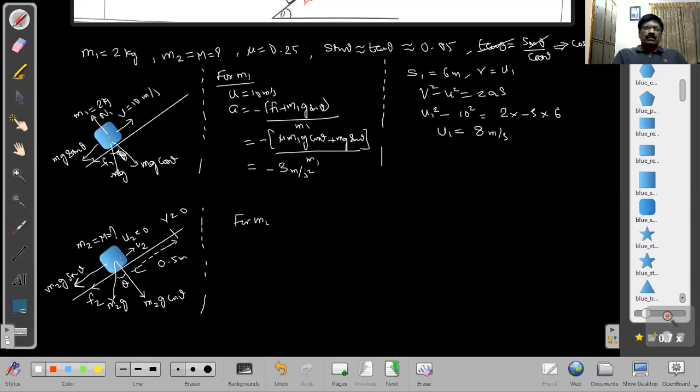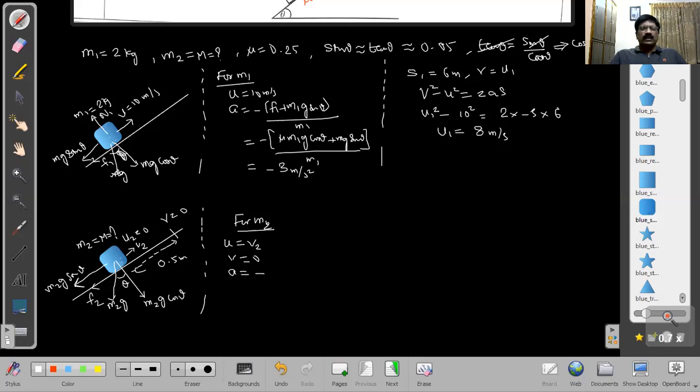For m2, the initial velocity is v2, that we don't know, and the final velocity is 0. Acceleration: here m2g sin theta and frictional force F2 both act in the downward direction, whereas the block starts motion upward after collision. That's why it travels with deceleration. The deceleration means minus F2 plus m2g sin theta, whole by m2.